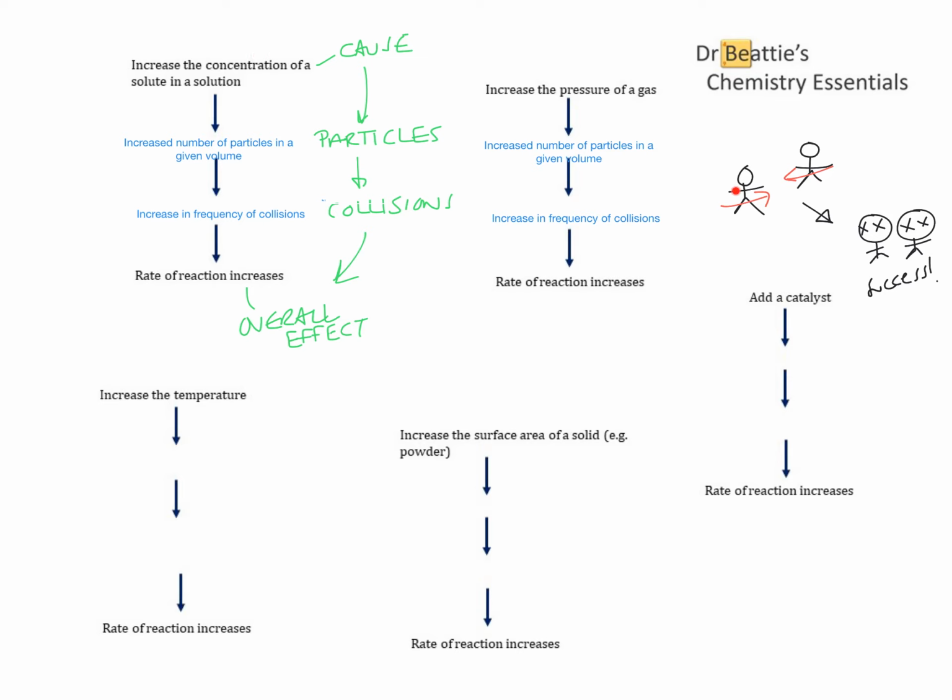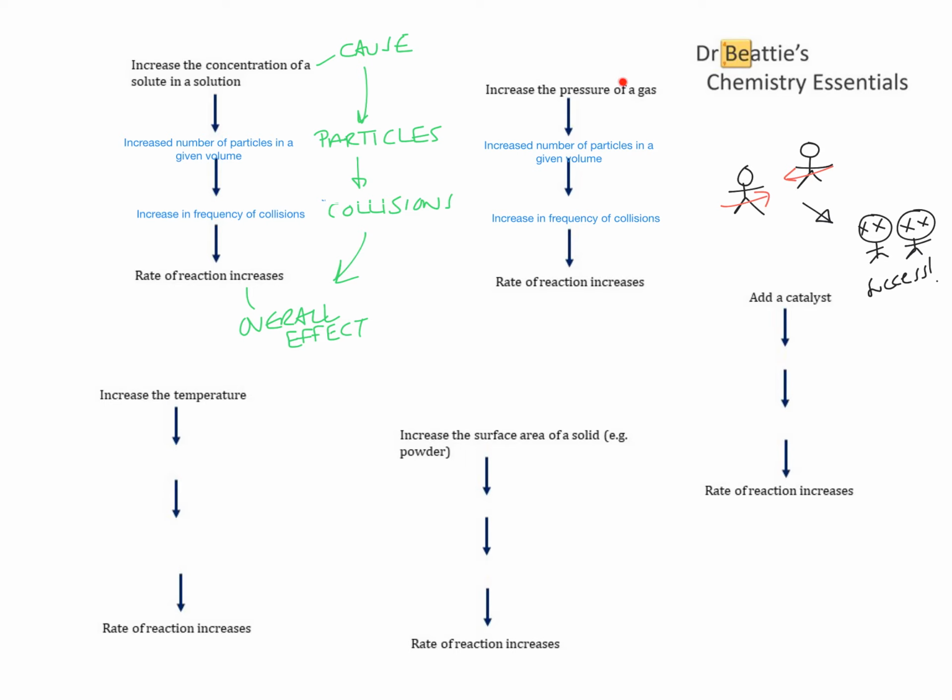Therefore, as they're walking around blindfolded, they're more likely to bump into each other. The frequency of collisions increases. But what's important is that when they collide, it doesn't necessarily mean they're going to collide with any more energy than the activation energy. So the activation energy remains unchanged.